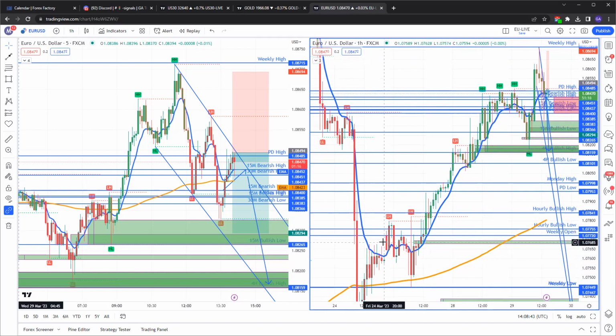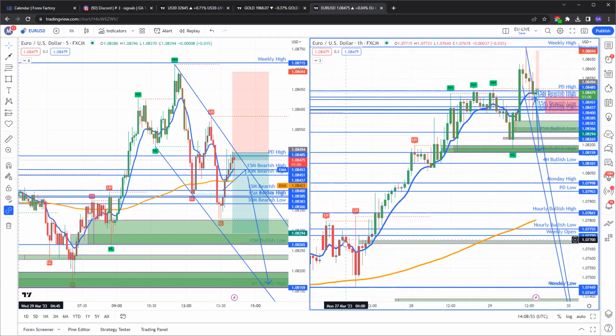So for a buy here for EU, I would have waited for another hourly candle to close above the 9 EMA, then wait for the next candle to retest the 9 EMA and close above. This next candle didn't quite retest the 9 EMA, but this here would have been a buy on EU, possibly gotten stopped out. So you just wait for the next hourly candle to close above.